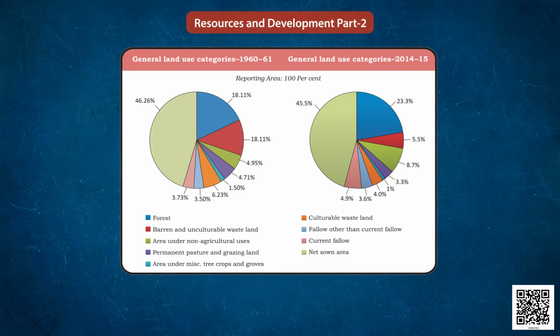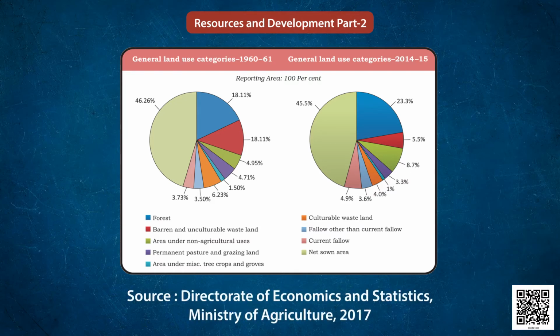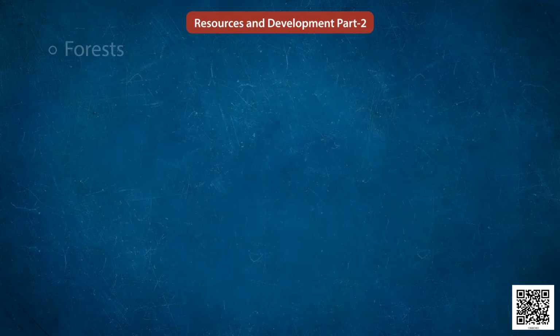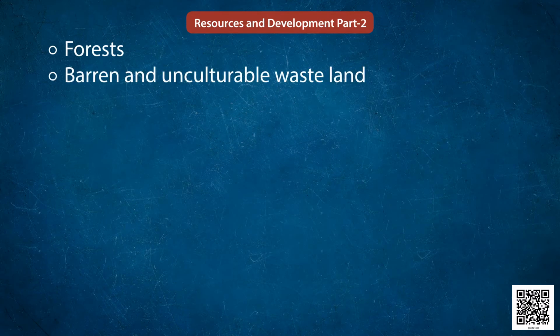The source of this diagram is Directorate of Economics and Statistics, Ministry of Agriculture, 2017. If you see, you will find that the land has been used for the following purposes: forests, barren and unculturable wasteland.